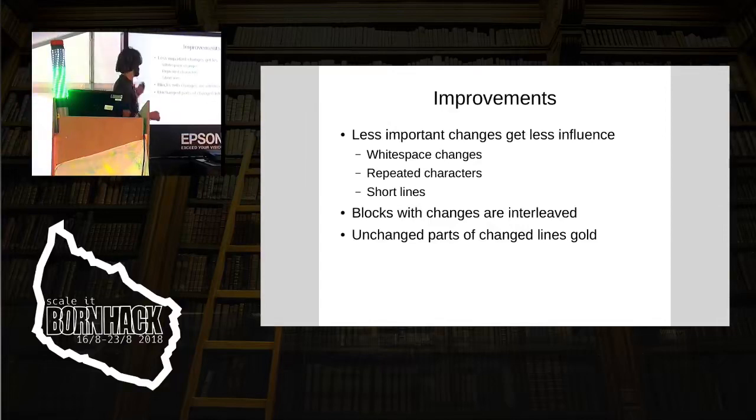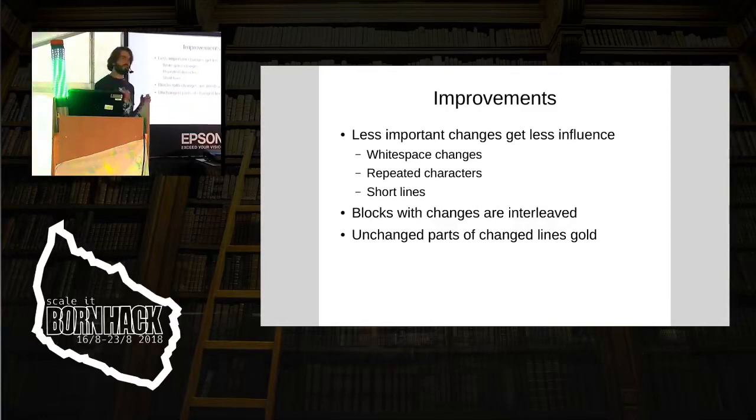What I did: I used the Patience algorithm from Bram Cohen as a start, and made some changes. White space has less influence. Repeated characters have less influence. Short lines and duplicate lines are not counted.